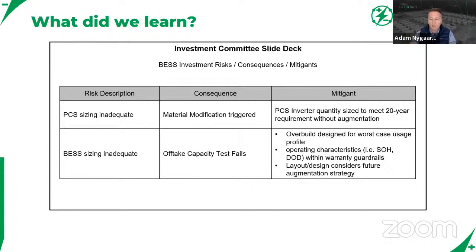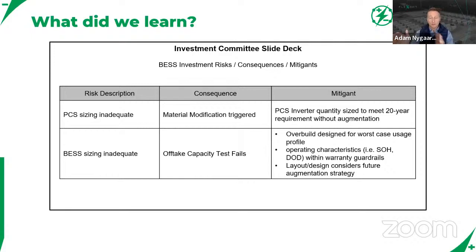There will be financial pain there. So to mitigate that, we now know how to overbuild and design for it. We can tell the investment committee, well, this is the worst case usage scenario, the deep discharges every single day, versus maybe a better case.